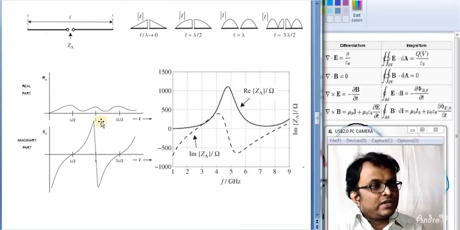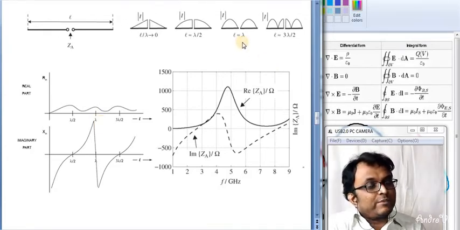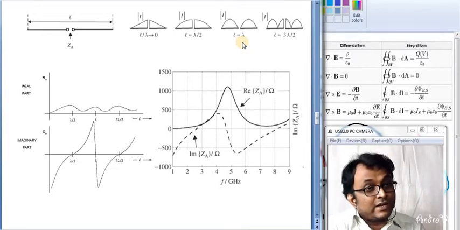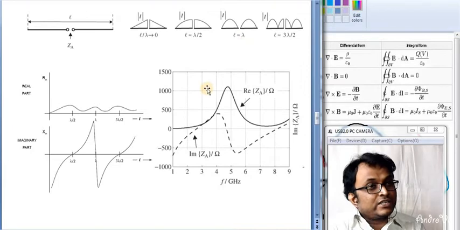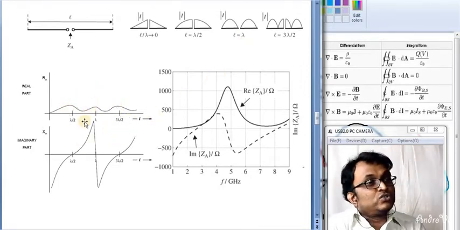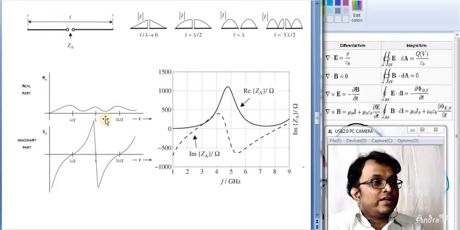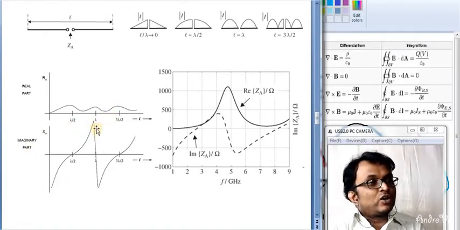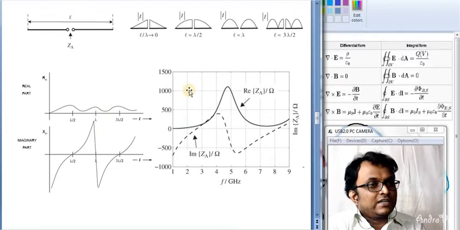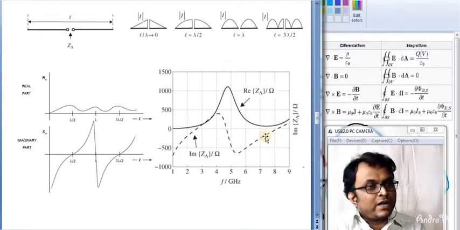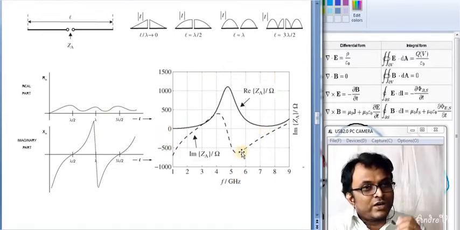Understand why I am telling this? Definitely the lambda length will give higher gain mathematically or theoretically, but practically it is not acceptable because the impedance cannot be matched in a practical way, because the imaginary part becomes infinite.